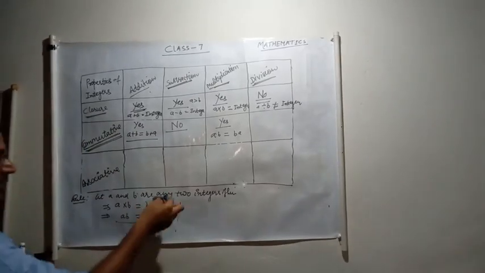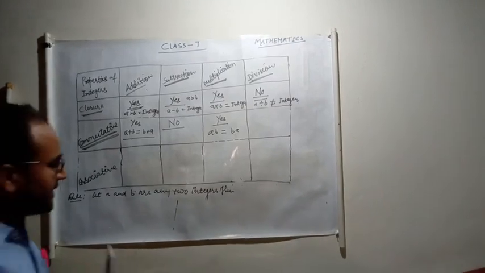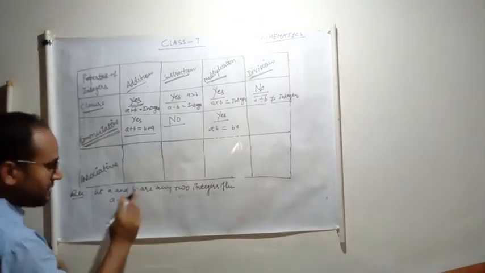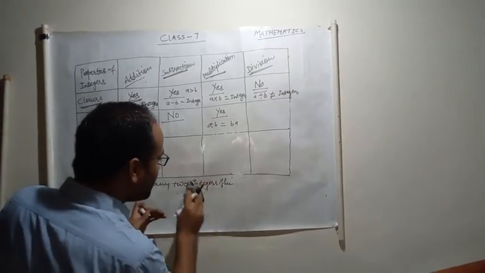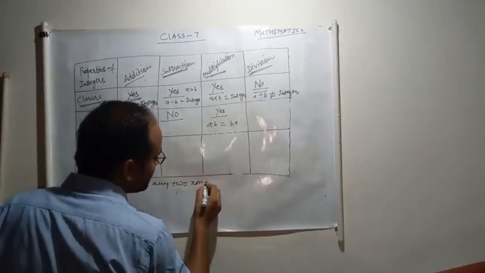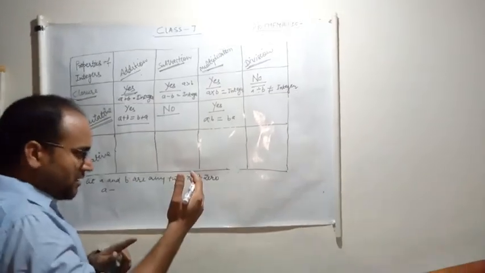If we take a and b, any two integers, and a and b are any two non-zero integers, we are not talking about zeros. Non-zero means that its value is not 0, it is greater than or less than 0.